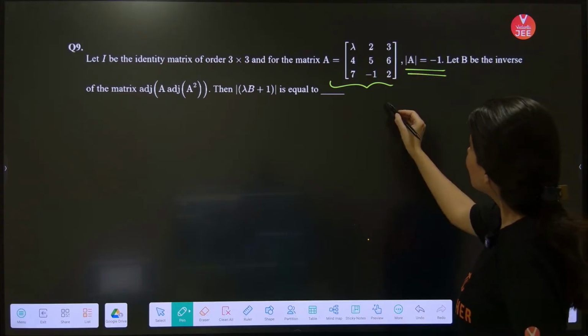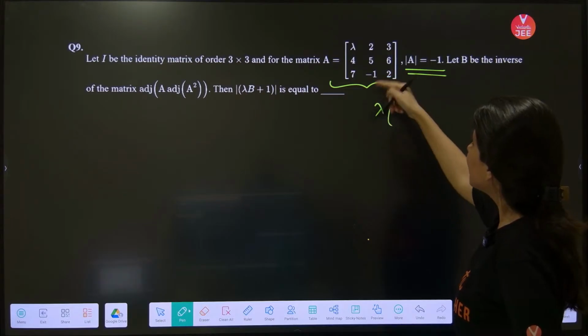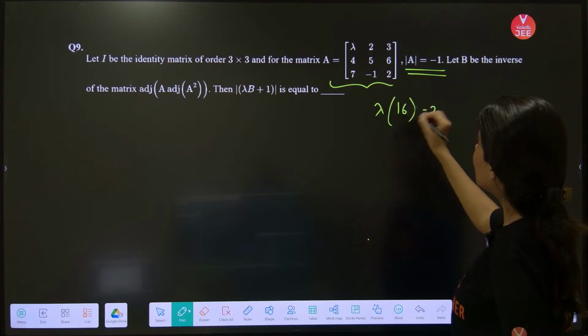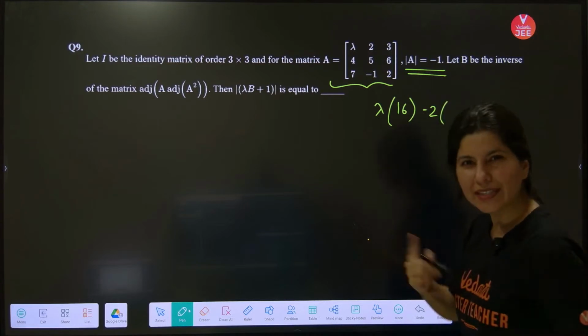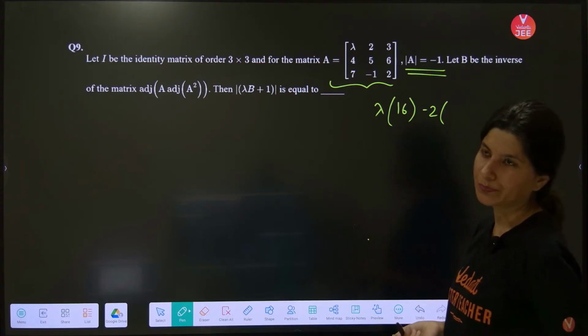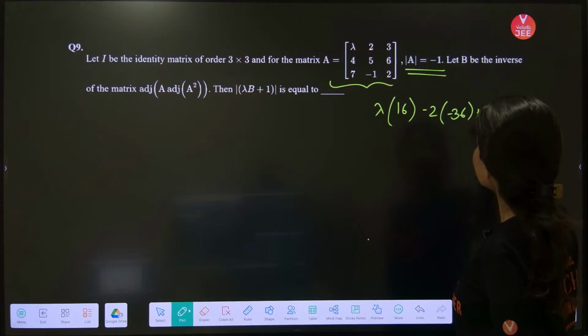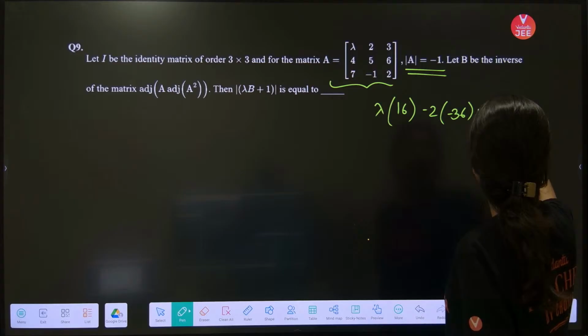So lambda, 10 plus 6 minus 2, 8 minus 42, minus 36. Plus 3, minus 4, minus 35.